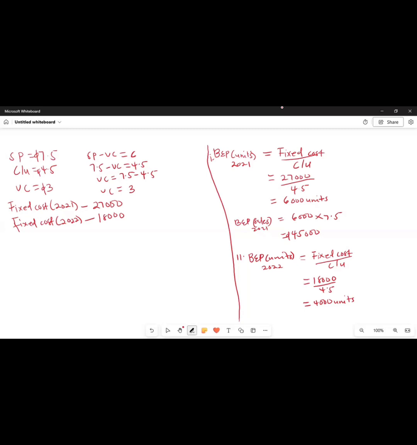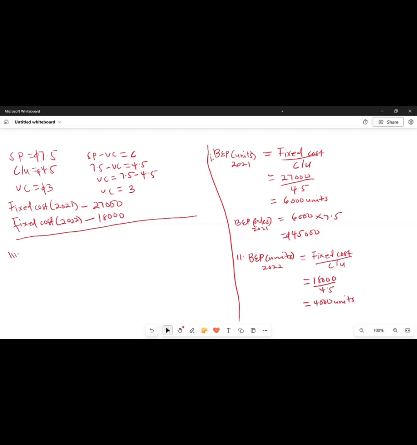So now let's move to III. III is saying we should calculate the units to be sold in 2022 in order to earn net profit equal to 10% of the sales. I'm going to teach you two methods.